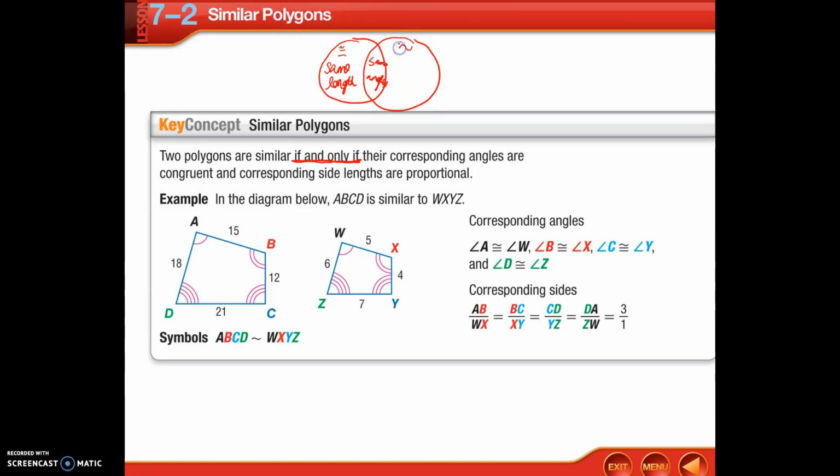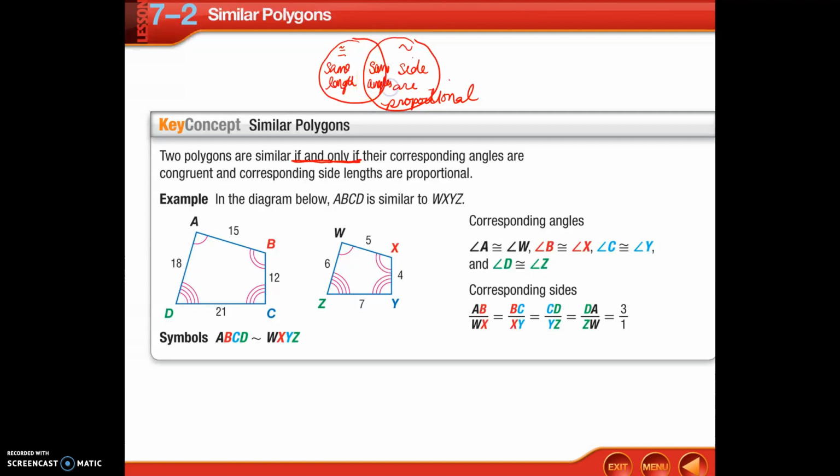But with similar, the sides are not the same length, but they're proportional. The angles are equal.